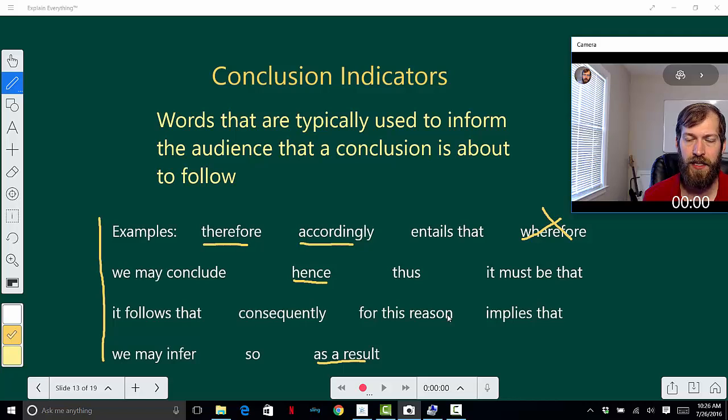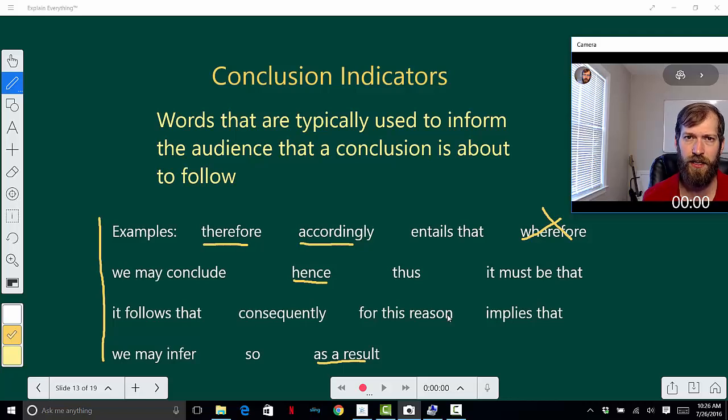And in the same way with premise indicators, you probably don't need to sit down in the textbook and try to memorize all of these. Instead, you should try to get a sense of, hey, there are various terms out there that authors will use to suggest that what's coming afterwards is supposed to be supported by other things, and therefore it's going to be a conclusion. So you should be paying attention.